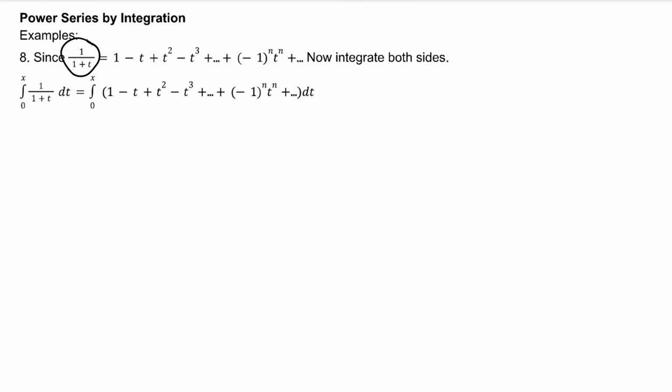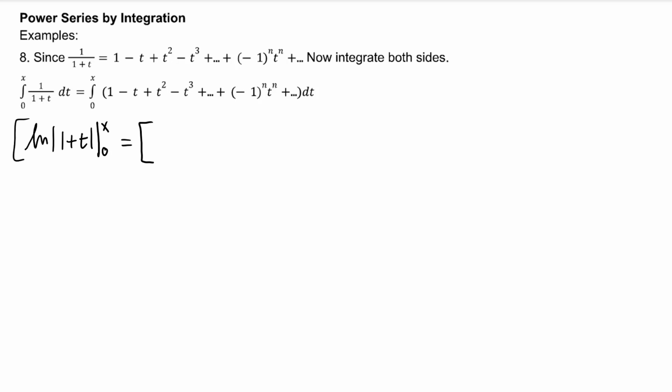Since 1 over 1 plus t is a function represented by the power series, we figured this out in example 1, integrating both sides from 0 to x will give us our integrated power series in terms of x. The integral of 1 over 1 plus t, or u prime over u, would be ln, the absolute value of u, evaluated from 0 to x. And we can integrate each term individually.